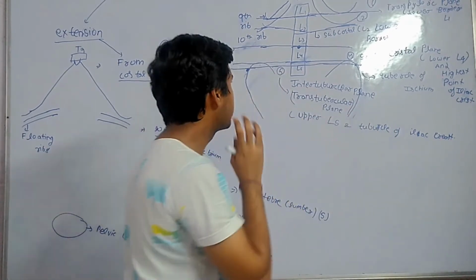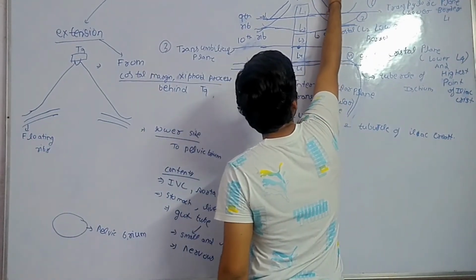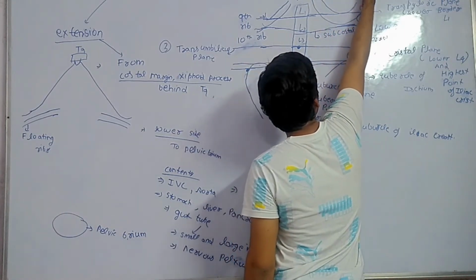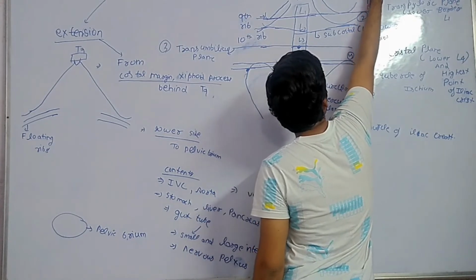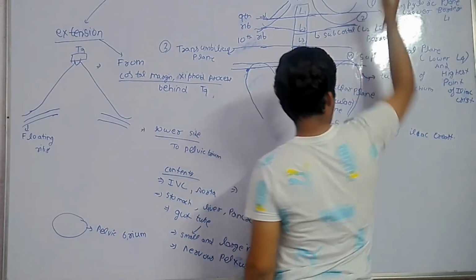Done. So these are 5 major planes. Planes of abdomen. Done.